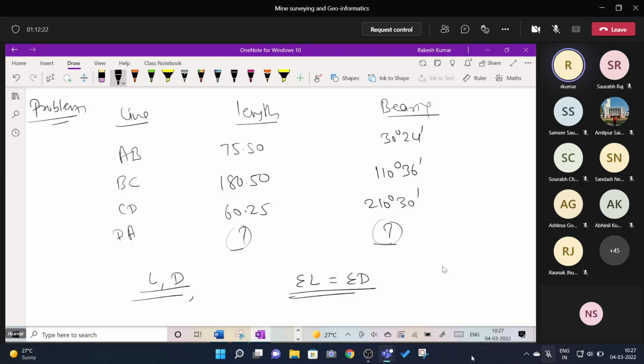So this question I am giving to you. Able to do it? The same concept. Yes or no? Yes, sir. Remember this is whole circle bearing.